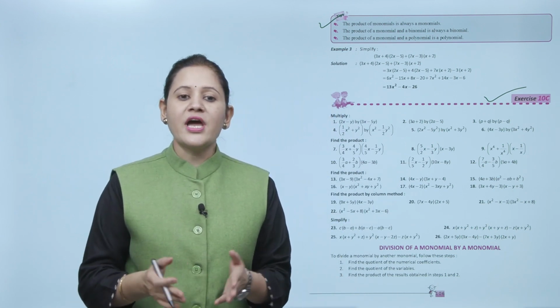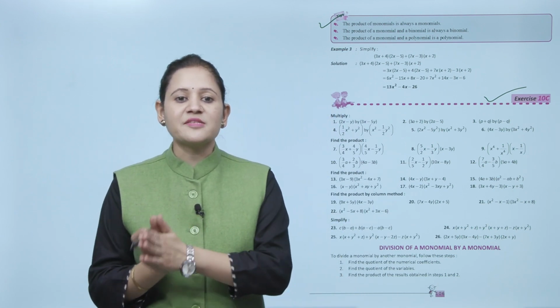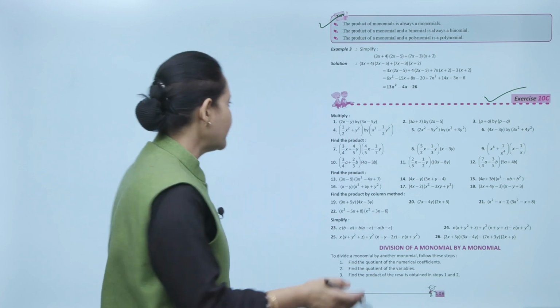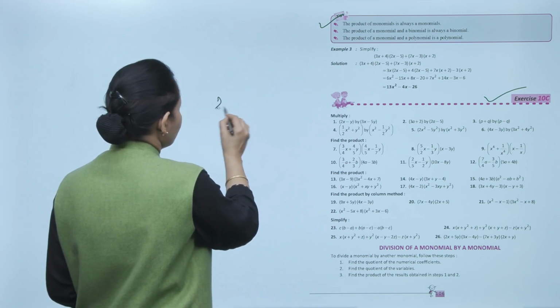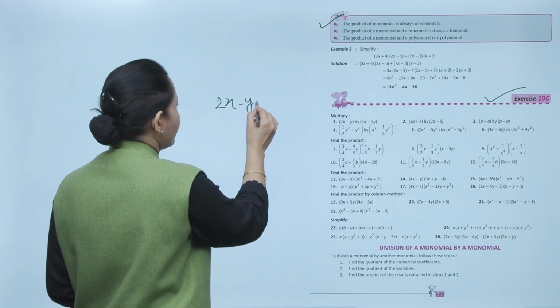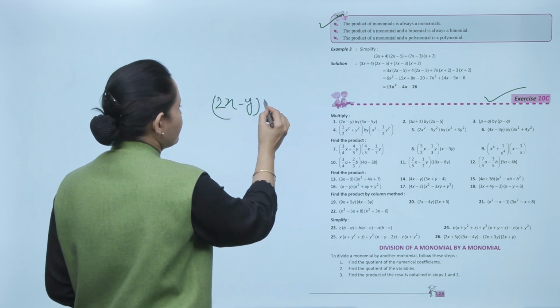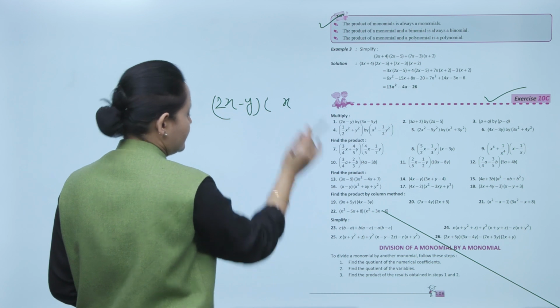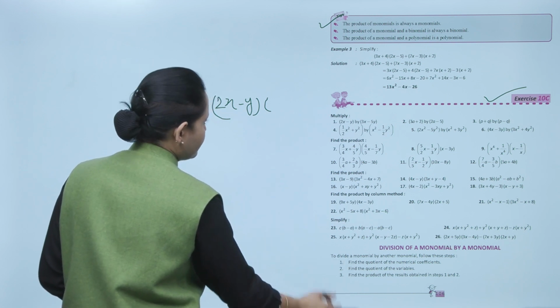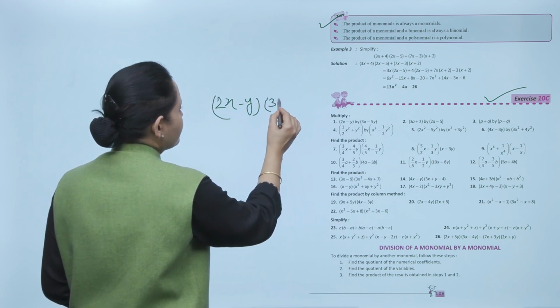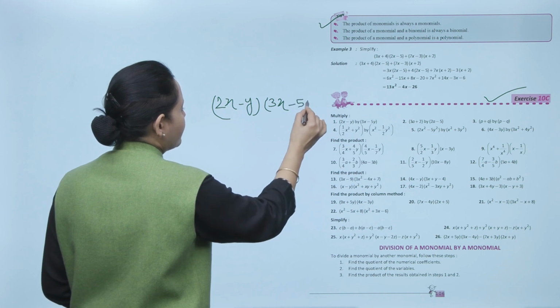Multiply 2x minus y by 3x minus 5y. So multiply करना है 2x minus y, 3x minus 5y.